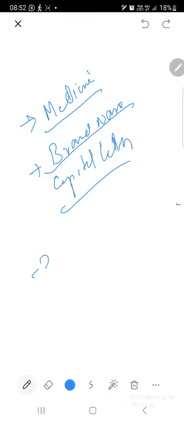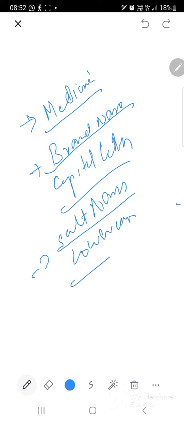If it's not a brand name, it's a generic name, or you can say salt name, right? So in that case, it should be in lowercase. I hope it's clear to you and you will remember that. Okay. And the name of the address, maybe department or whatever, should be written in capital letters. Is it clear to you?